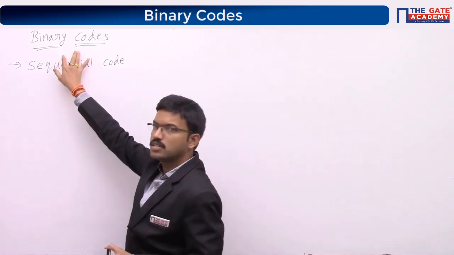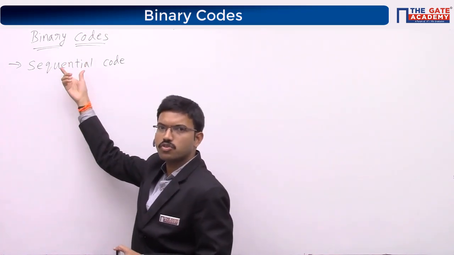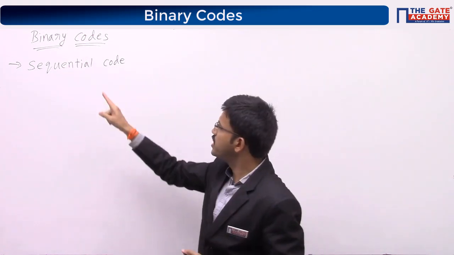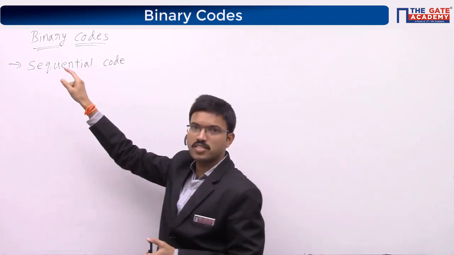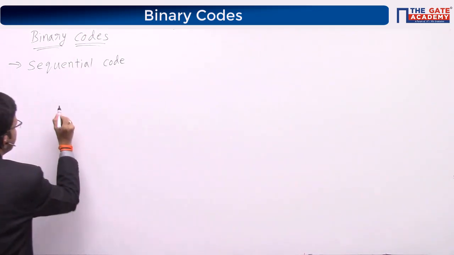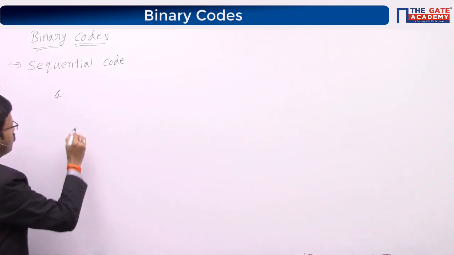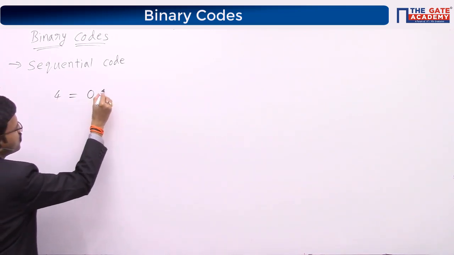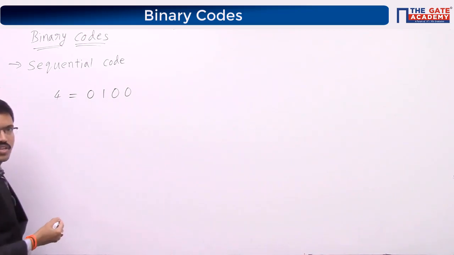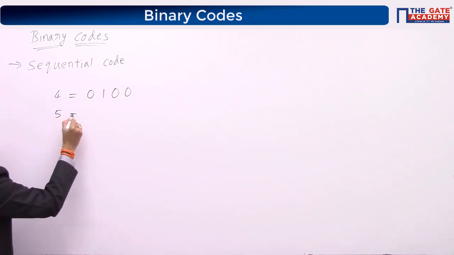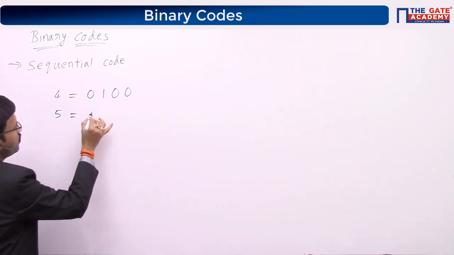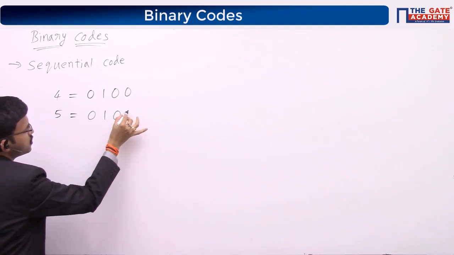Sequential code. If the difference between successive codes is equal to 1, then that binary code is said to be sequential code. Suppose for example, in 8421 code, for decimal digit 4 we have 0100. For the next successive number 5, we have the code 0101.